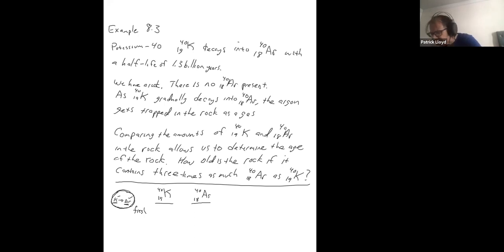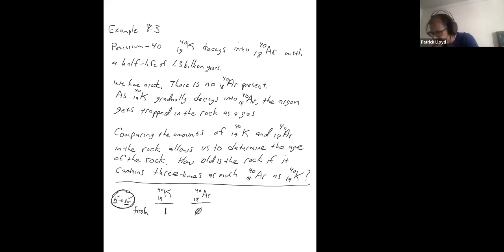At the beginning, we're going to have some potassium-40. So I'm going to start off, I'm just going to make up a number like 1. And this will be 0, right? Because when the rock is fresh, there's no argon because it's a gas. Potassium is a solid, but argon is a gas.